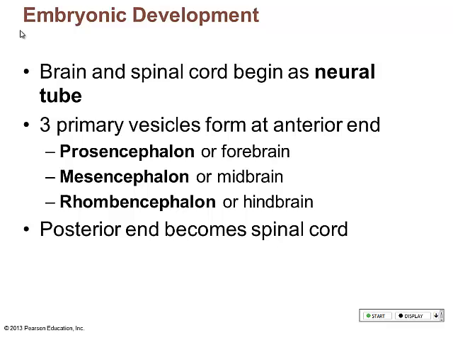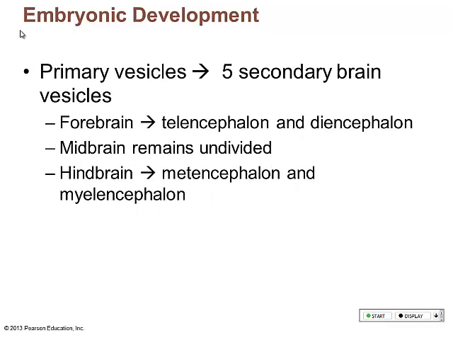So, the back part, the posterior end, the bottom part of this tube will eventually become what? The spinal cord. So, embryonic development, just a general overview, general terms from figure 12.1 is what I want you to know. So, we end up with a forebrain, a midbrain, and a hindbrain as the embryo develops.